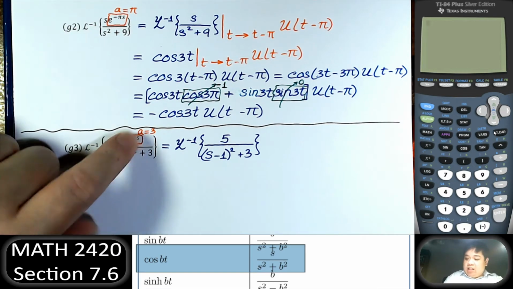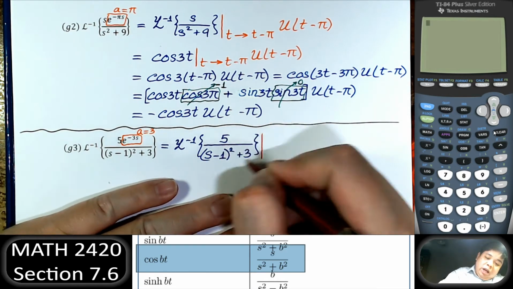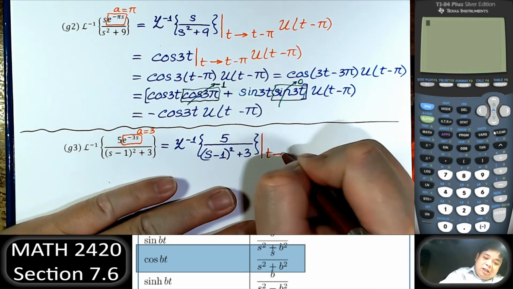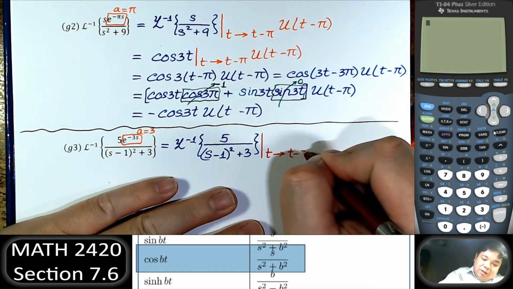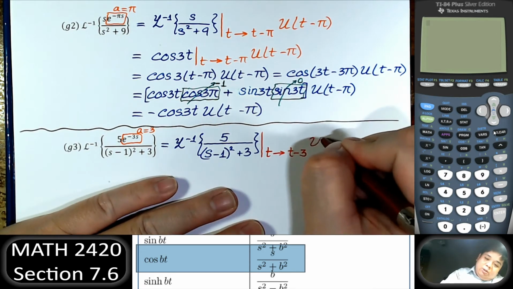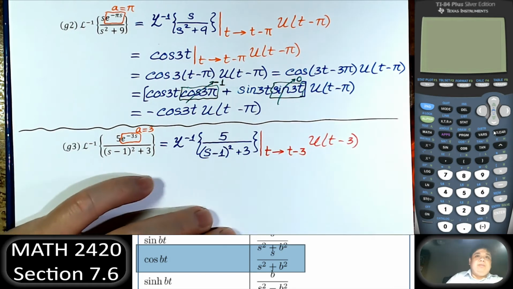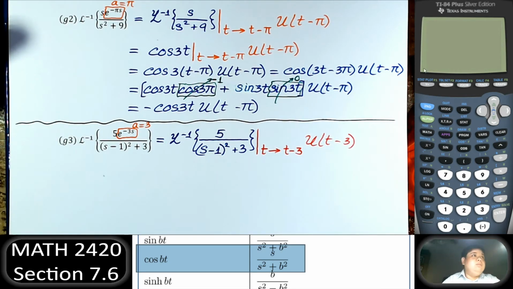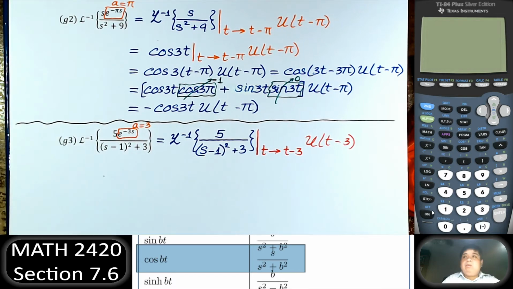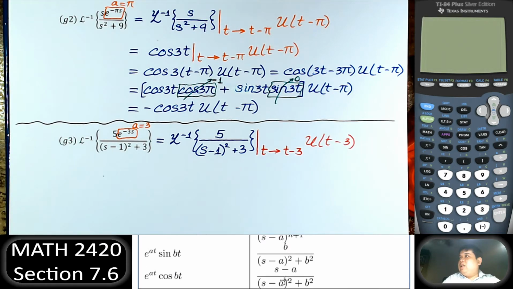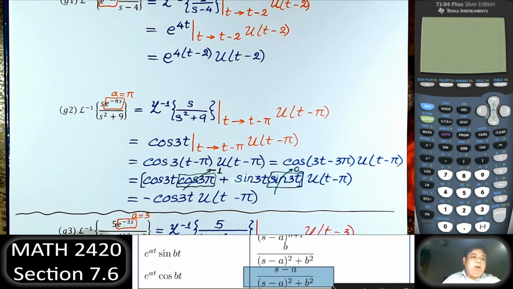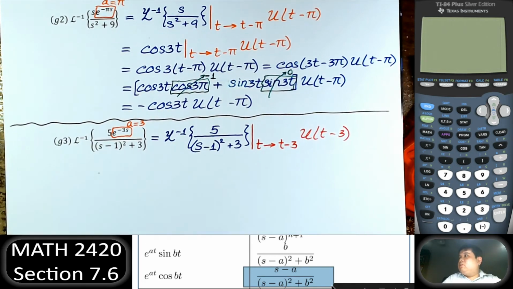And then the e to -3s, the transform of that will be equivalent to, whenever we do the transform, replace t by t minus that number, and then u of t minus that number. Right, so what is the transform of this? Of course, if we look in the table, we do have that, which is in this form.